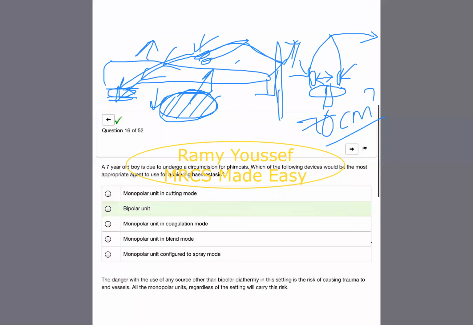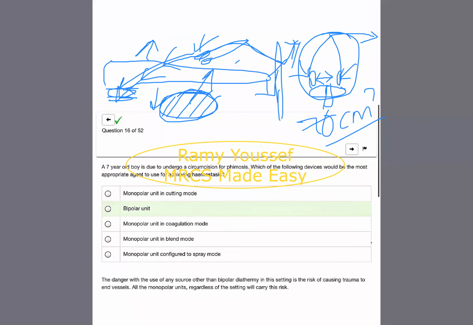Okay, so now we are just using bipolar, trying to use bipolar as we can. So the current is just between the two ends of the electrode, but with unipolar, you have one in your hand, the other one on the patient, stuck to a muscular area, and the current passes through this patient.